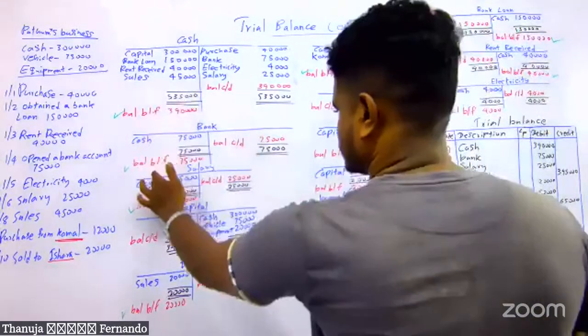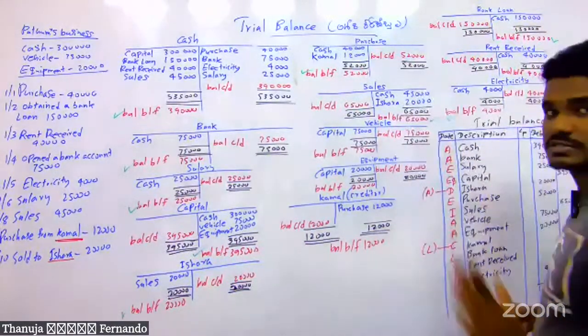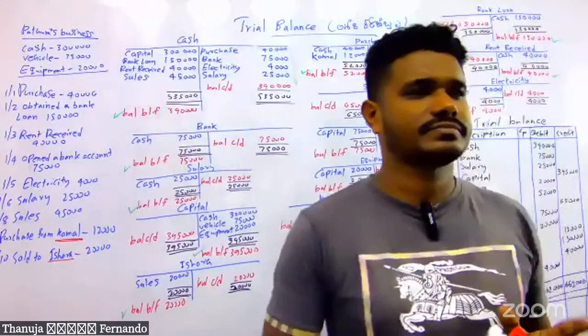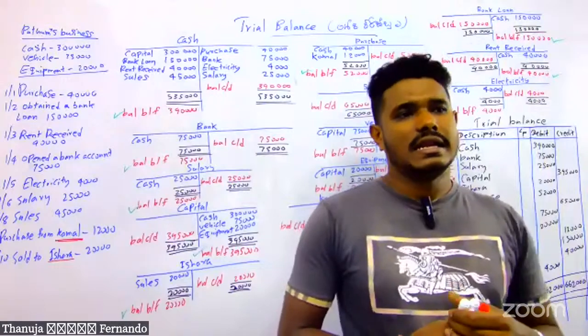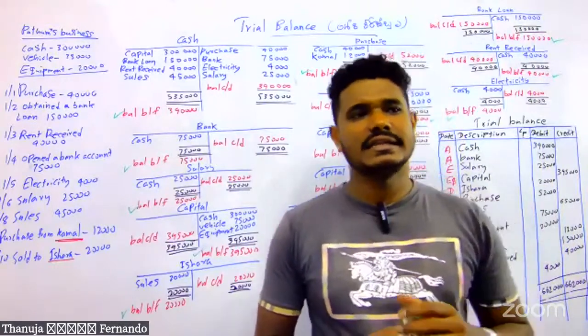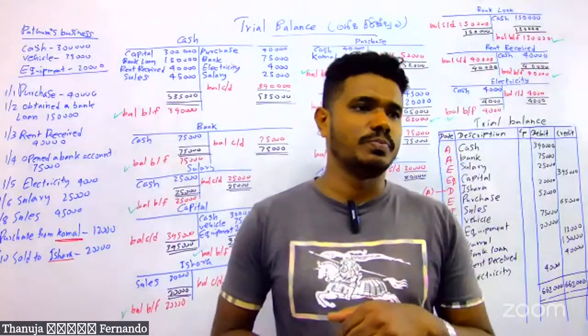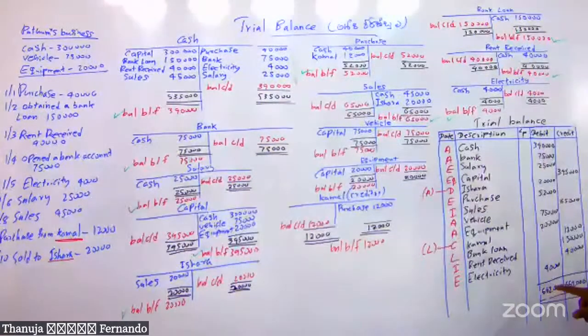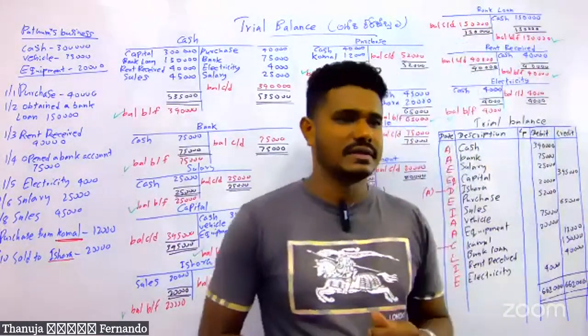If the transactions are recorded and ledger accounts are balanced correctly, then the total of debit and credit balances should be equal like this, right?